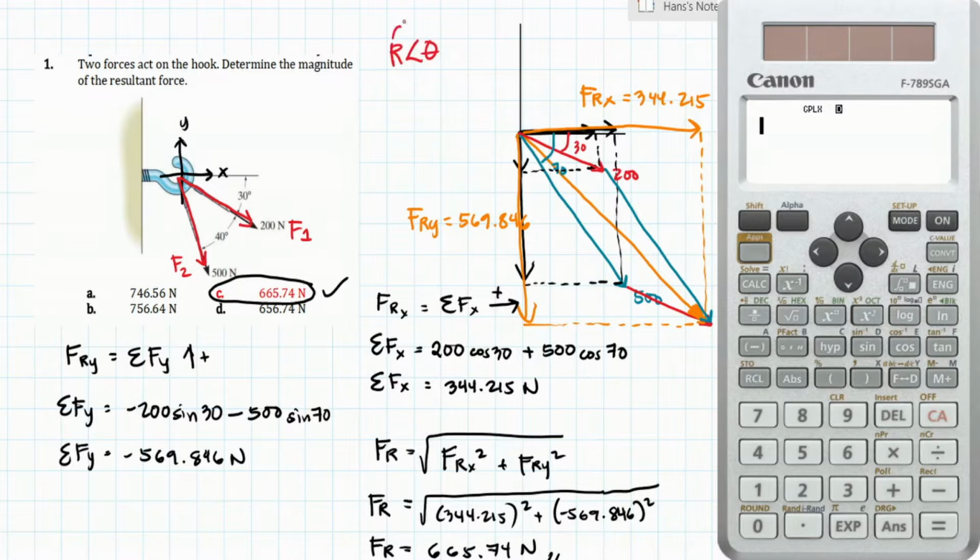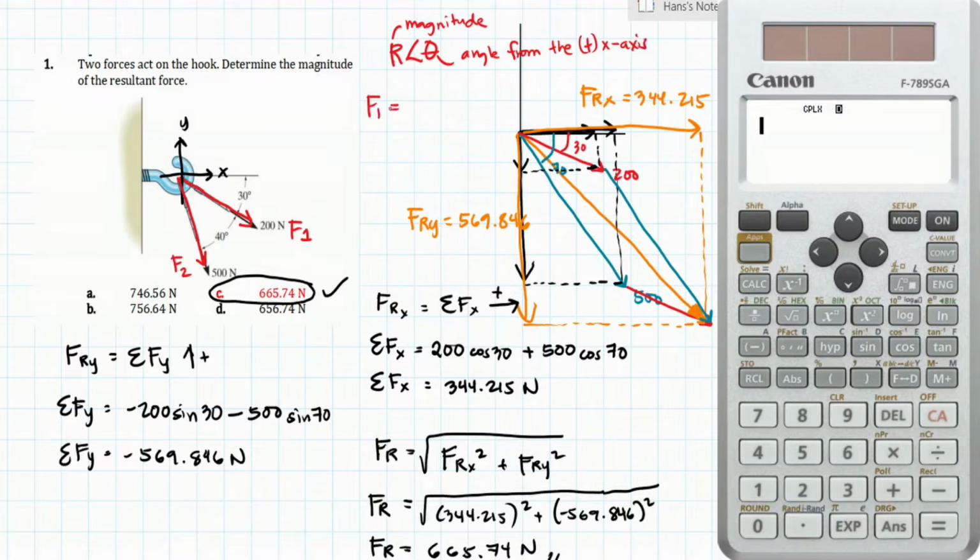Yung R is the magnitude. Kita ba yung sinusulat ko? Okay. And then, itong theta is yung angle from the positive x-axis. Okay?